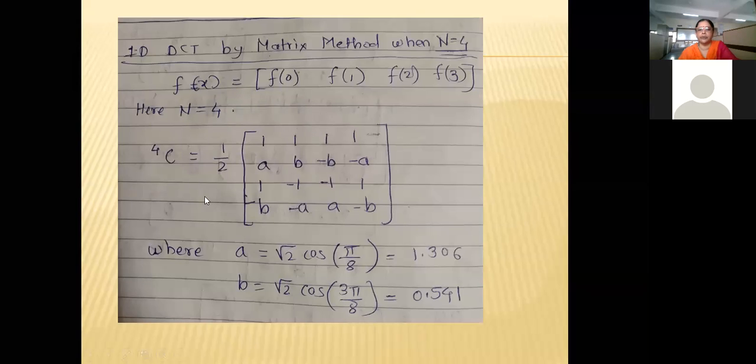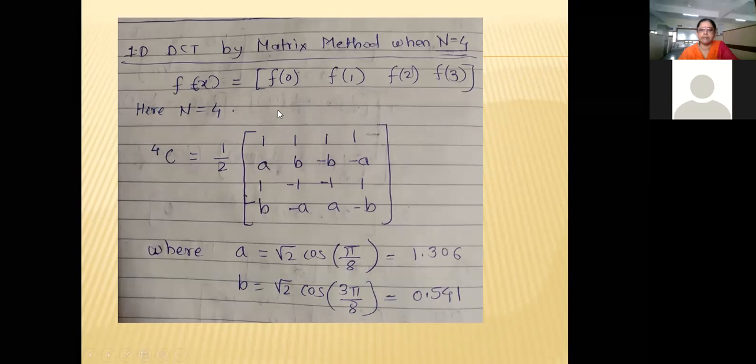So we need to use this matrix as shown here, the DCT matrix of size 4 by 4, and the values are as shown here. Now here A represents root 2 cos pi by 8, that is 1.306, and B represents root 2 cos 3 pi by 8, that is 0.541, and all these elements are multiplied by 1/2. This 1/2 is common to all these elements.